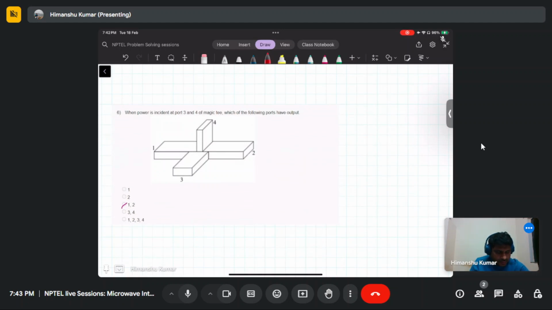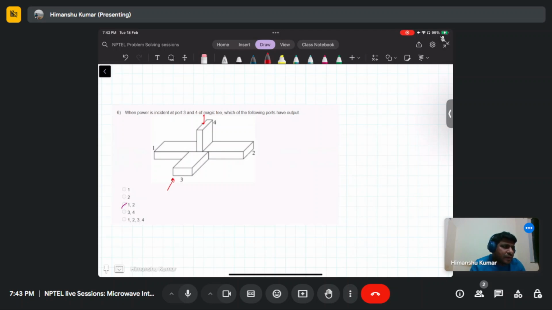When the power is incident at port 3 and port 4 of the magic T, which of the following two will have output?